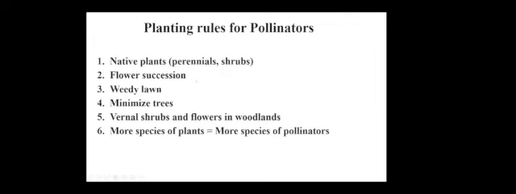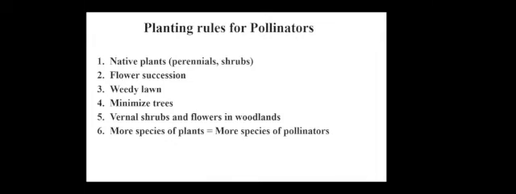Perennials are good, because you don't have to worry, they just come back every year. Shrubs are okay, and then further successions. Sometimes a certain area is covered by flowers only in spring, and then there is nothing flowering. That is not successful for the pollinators.